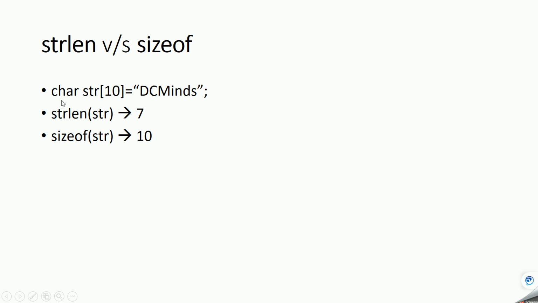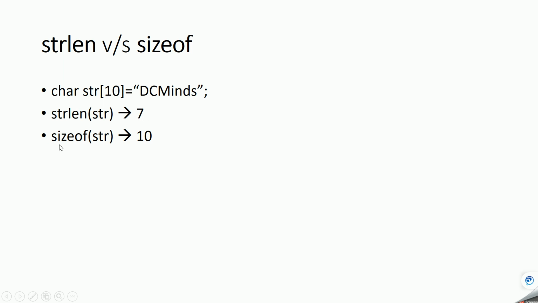In this case, we have char str[10] and "DC minds". This is having only 7 characters, so when you use strlen of str, it will return 7, the number of characters.